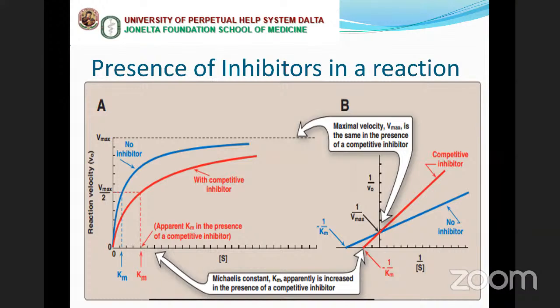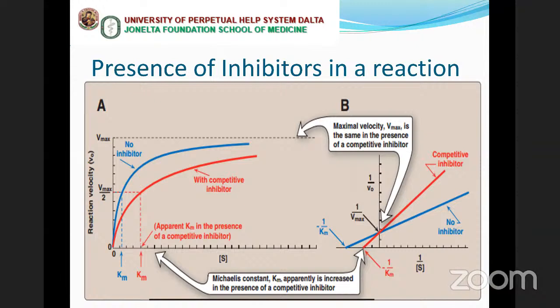Your Vmax is the same in the presence of competitive inhibitor. So even if you have the same substrate concentration, your Vmax would be the same in competitive inhibition.